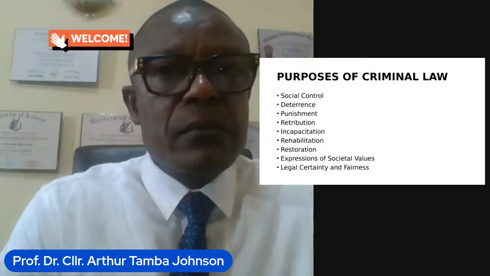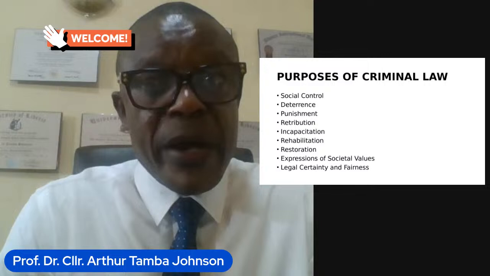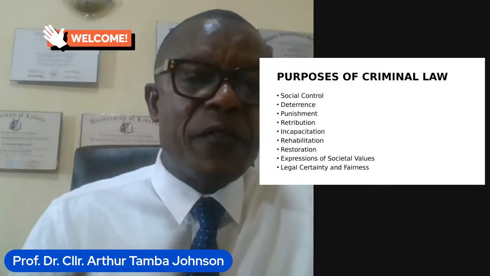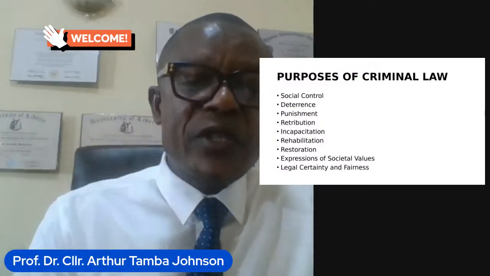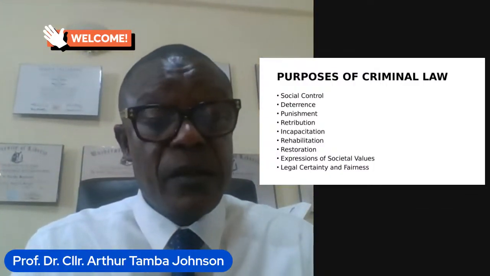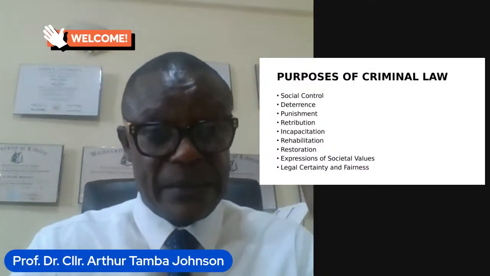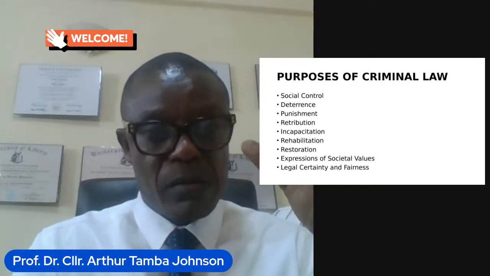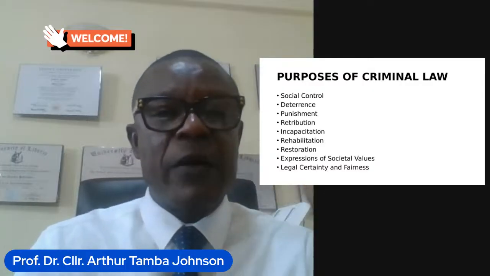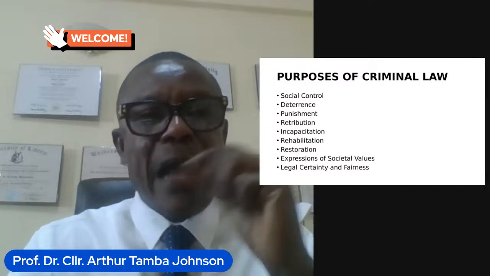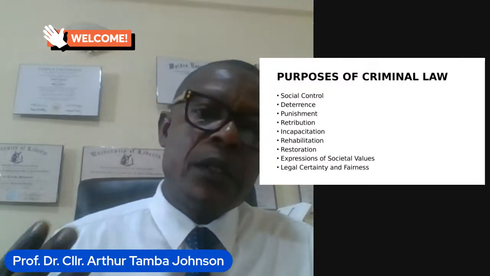So in other words, if a person commits a crime, the reason you see people taking that person to court and following due process to have them convicted is for them to serve their sentence in prison, for them to be incarcerated, for them to experience the wrong associated with the commission of a crime. If people commit crimes and they are not punished, it encourages them to engage in future criminal behavior.